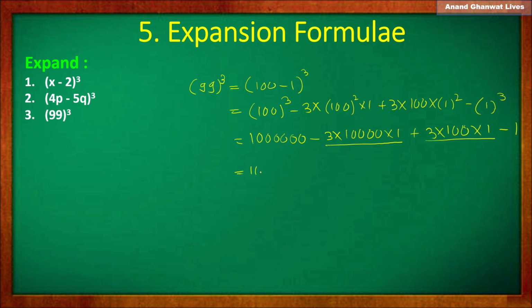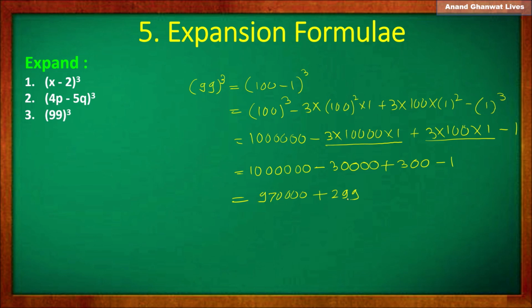10 lakhs minus 3 into 10,000 into 1, that is 30,000, plus 3 into 100 into 1, that is 300, and minus 1. Now 10 lakhs minus 30,000, 9,70,000, and plus 299.